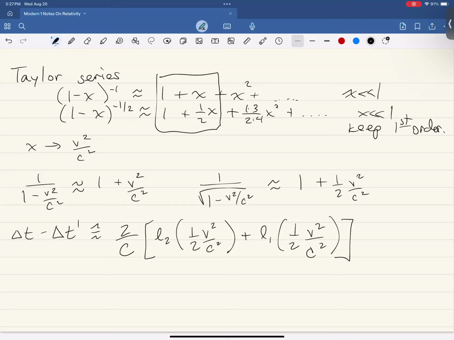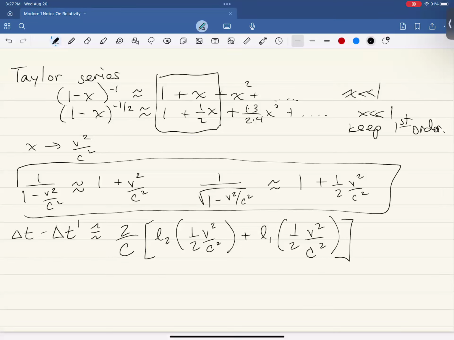And that's because if you subtract these two things right here, which you do in the equations for L1 and L2 and the time differences, if you subtract 1 plus v squared over c squared minus 1 plus 1/2 v squared over c squared, then you get 1/2 v squared over c squared for each one. Okay, so that's what they got.